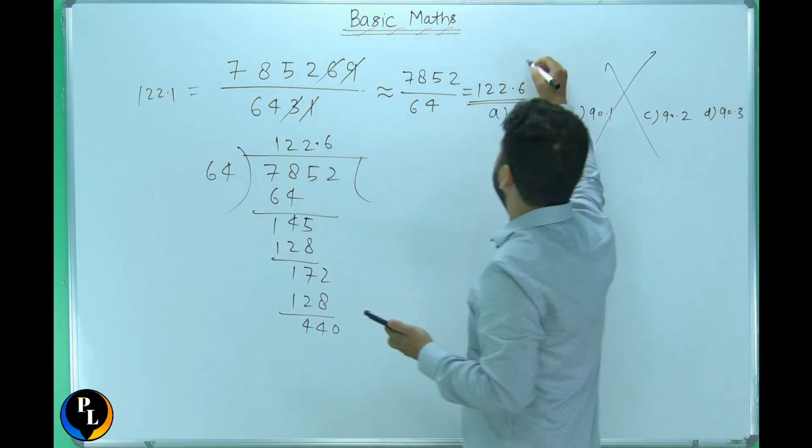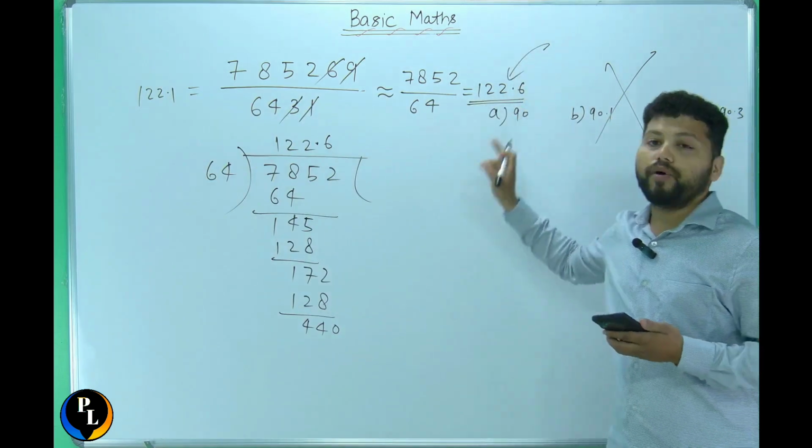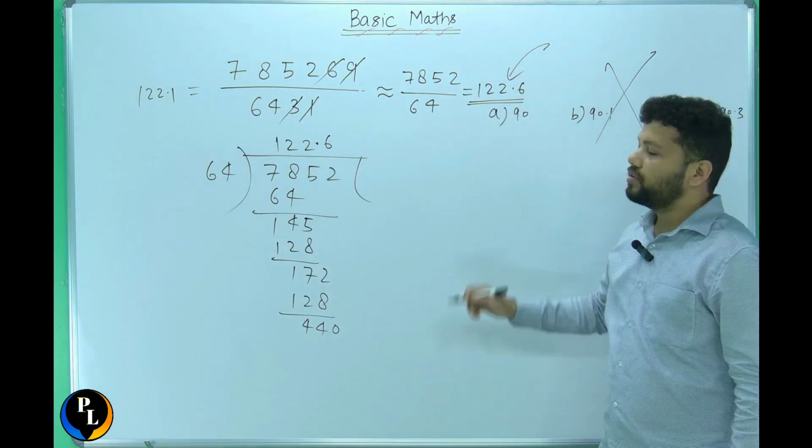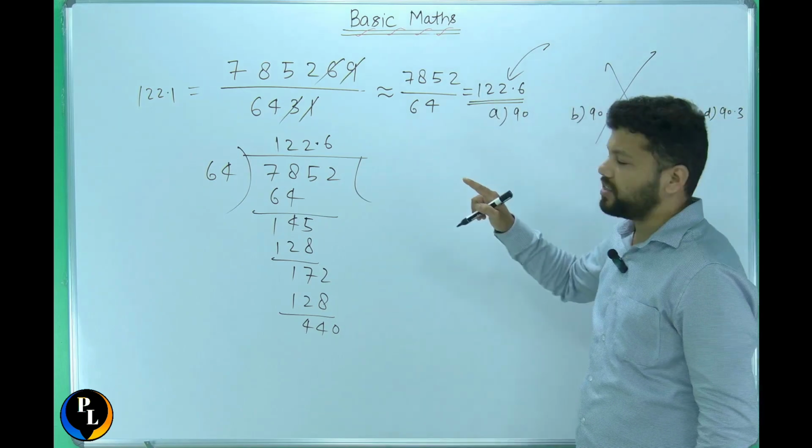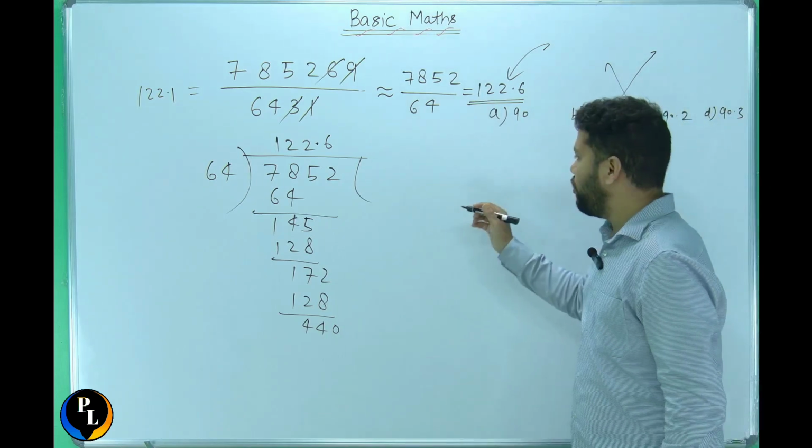And our answer is coming 122.6. So we can say both are approximately the same. So in this question, they will give options like this.